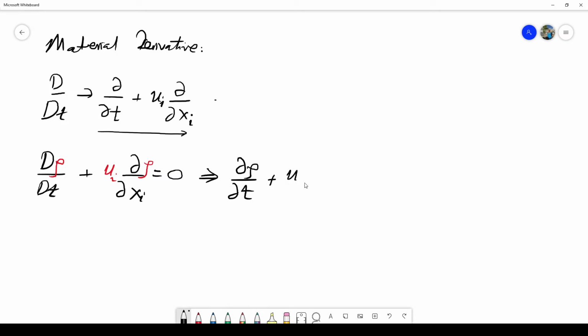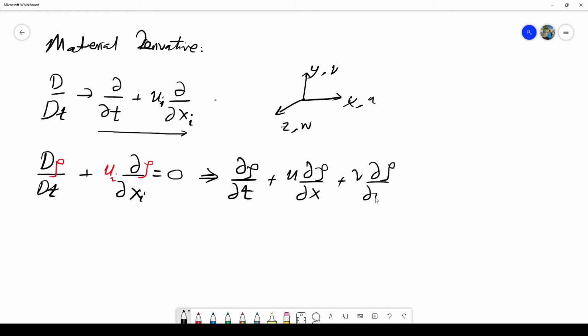If we are working in 3D space, x, y and z, we will have u, v and w for the velocity components. So we have u ∂ρ over ∂x plus v ∂ρ over ∂y plus w ∂ρ over ∂z. And this is for the dρ over dt.